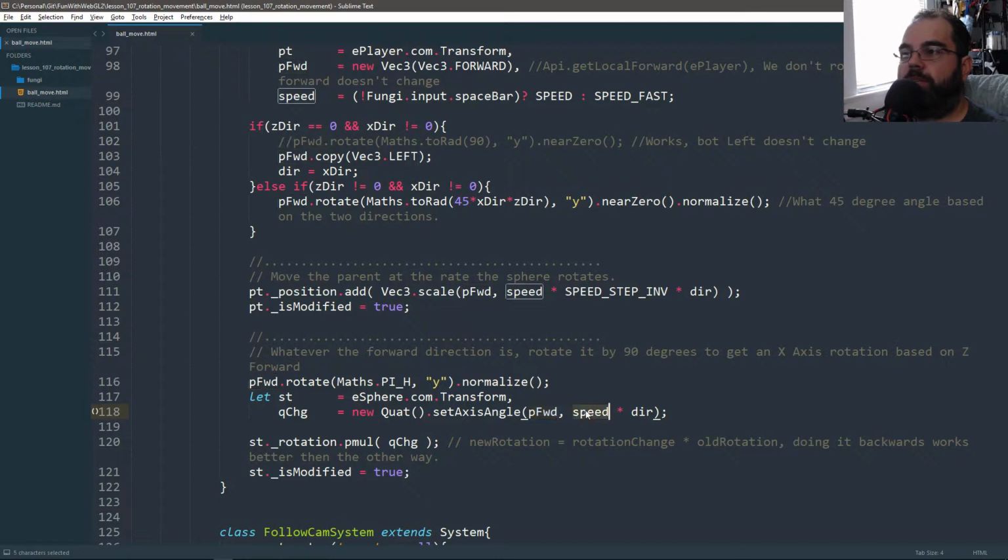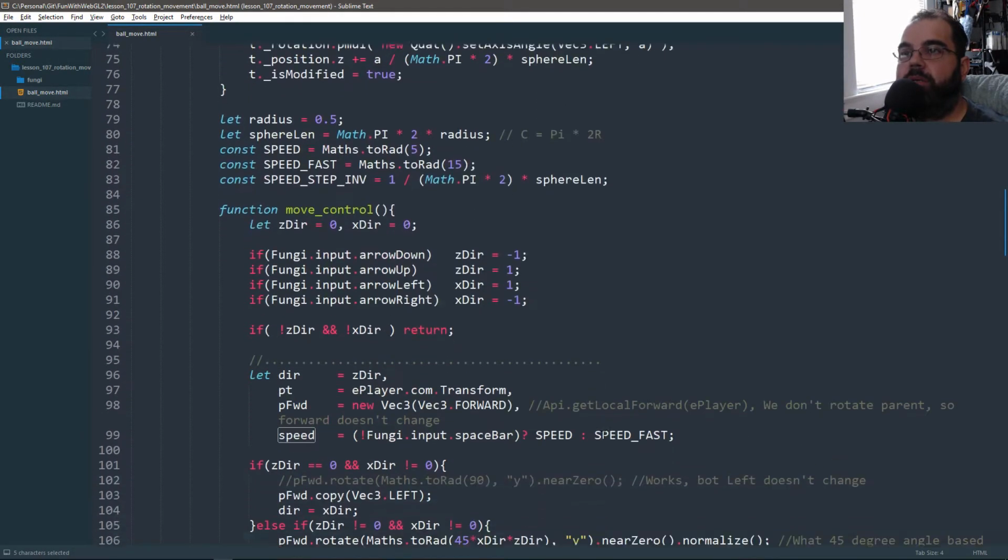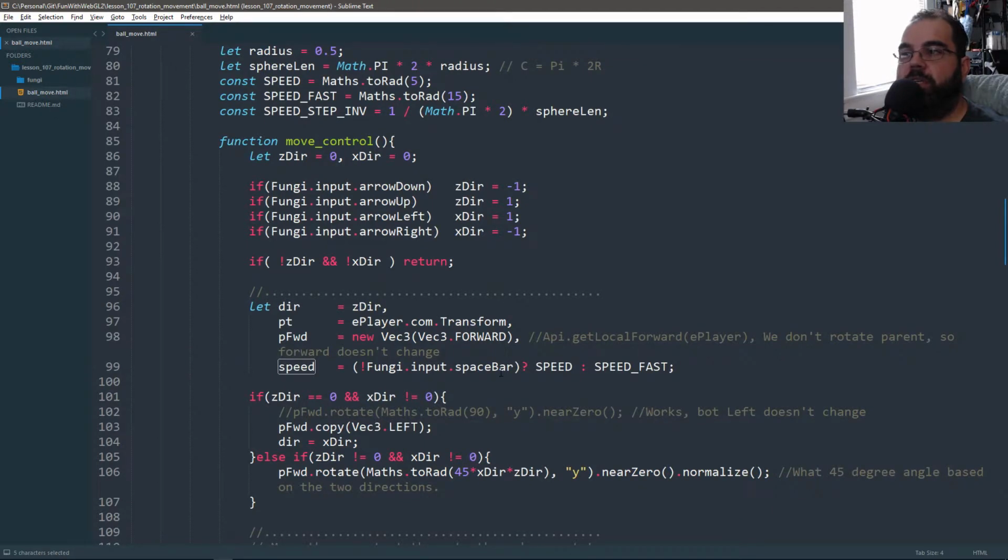So I know what my speed is and I know my direction, so it's the same value as up here for position. I'm just taking away the step because of that. Since I know the axis of rotation and how much to rotate by, it's that angle of rotation, and speed's up here. Where's speed? Space bar, I use speed. If I have the space bar on, I do speed fast.